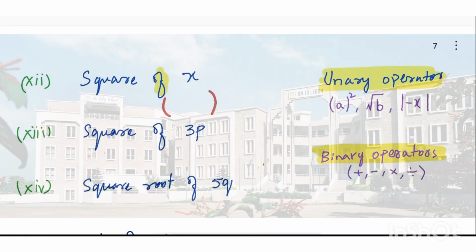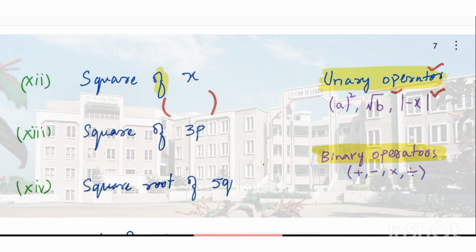Now what about the other number? We will see the right hand side there. It says unary operation. So square is a unary operator. Similarly, square root is a unary operator, and modulus sign is a unary operator. So these operators need only one variable or one term. There's no need to worry about other terms, so it will be automatically adjusted.